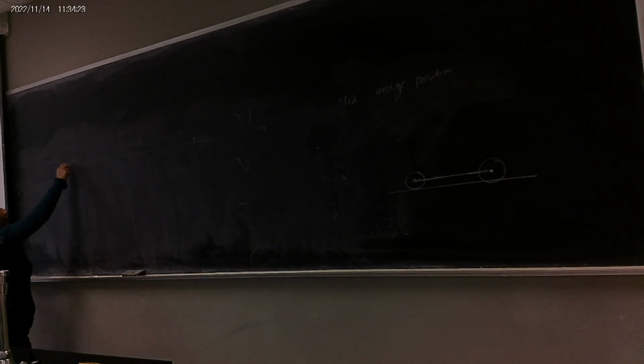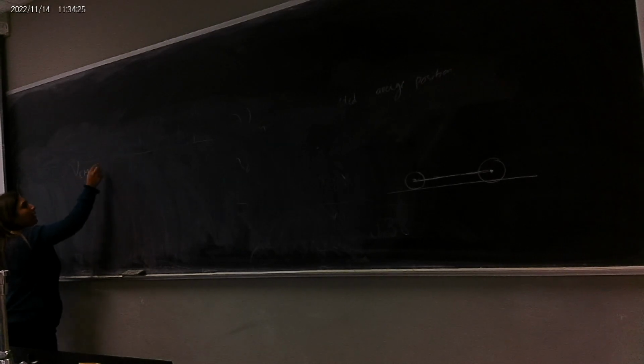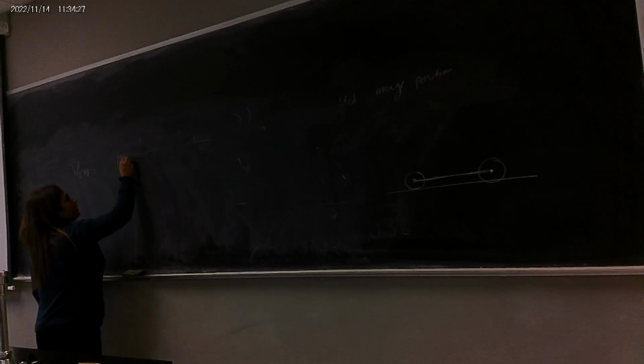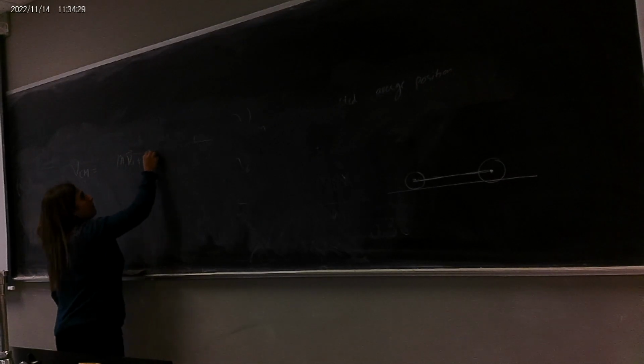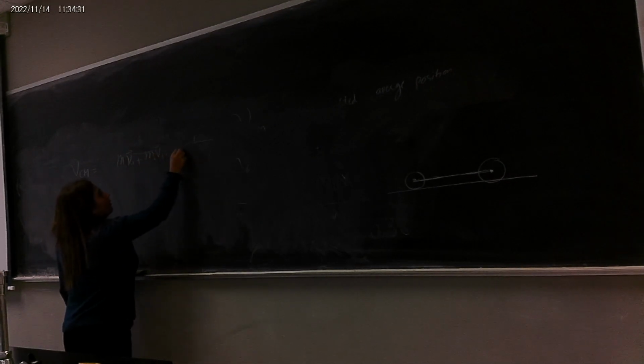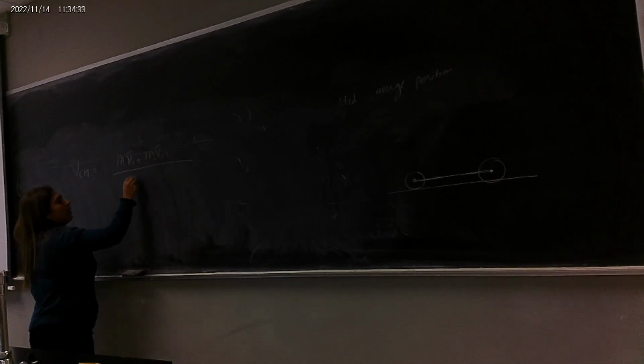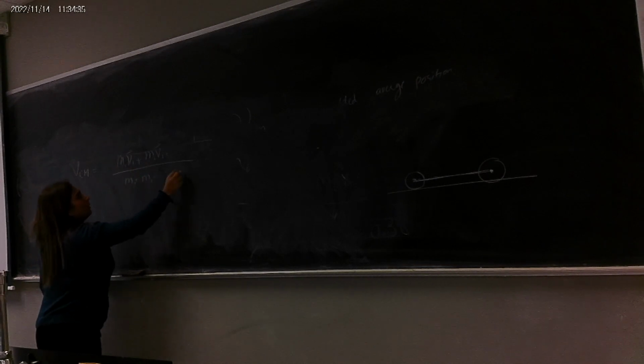So velocity of the center of mass can be given as m1 v1 plus m2 v2 and so on, divided by the total mass, the same formula. Since we take the velocity as distance over time, if you divide both sides by the time, you will get the formula for velocity.